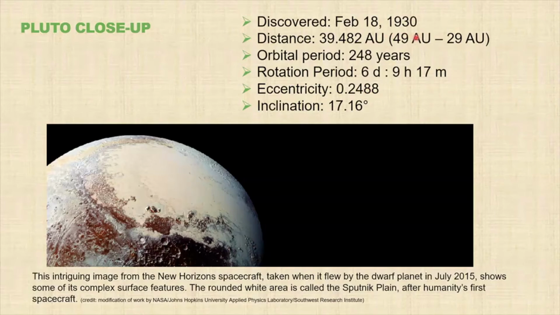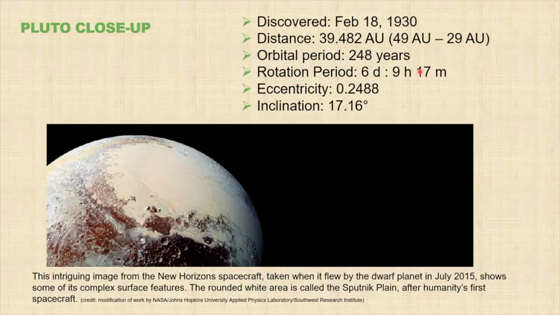At its closest distance, this is the perihelion, and this is the aphelion, the apoapsis and periapsis, the shortest and longest points in our ellipse, with the sun at the focus. So the nearest distance can be 29 AU, the farthest 49 AU, the average about 39 AU.